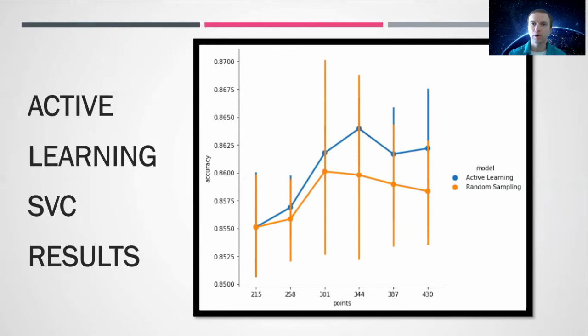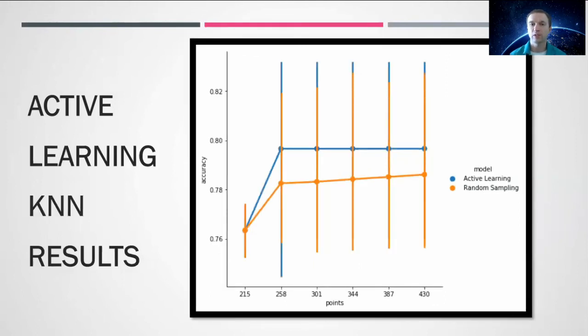This marginally does better than random sampling by a few percentage points. And finally, when we look at KNN, we see similar results, albeit slightly worse. In this particular case, KNN paired with active learning achieves almost an 80% accuracy rate and is 1 to 2 percentage points higher than random sampling.